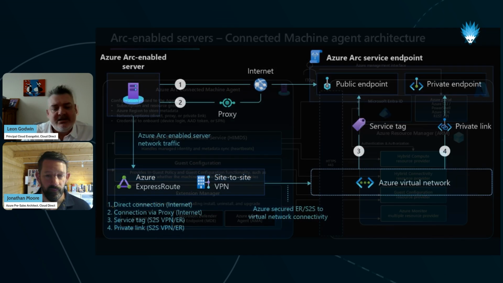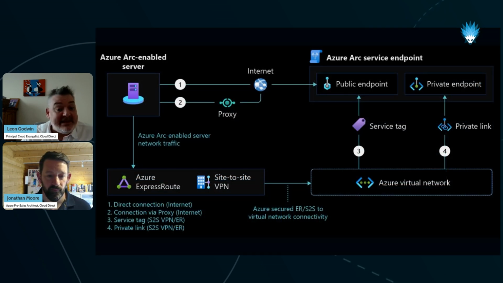Okay, thank you. So can you just touch on some of the network dependencies to enable Azure Arc to work? Yeah, this is really, they've sort of done a great job with this. So in terms of connectivity for the server back to Azure, there are lots of different ways to do it.